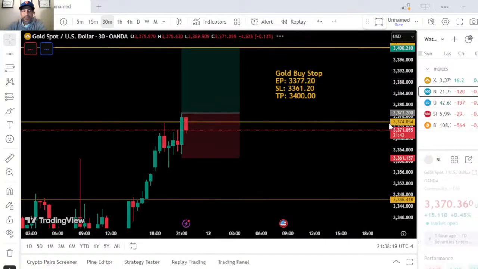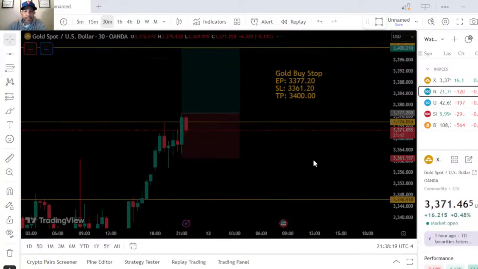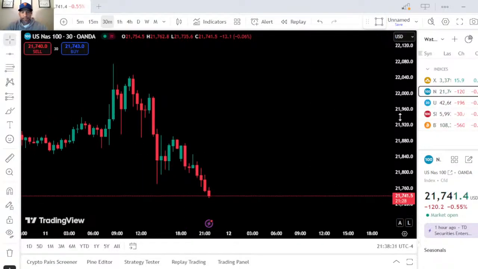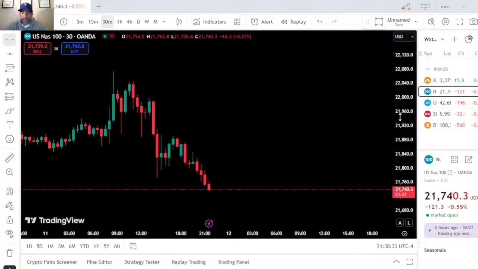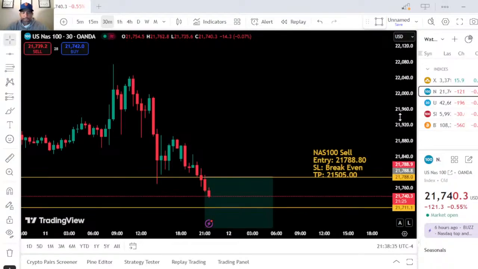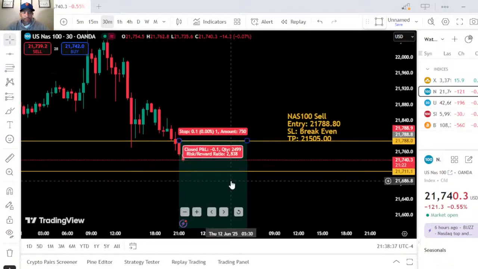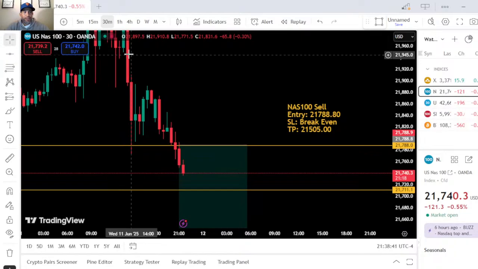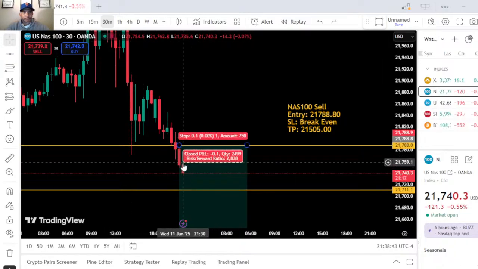All right, let's take a look at the NASDAQ here. Oh my goodness. All right, beautiful. Gang, look at this. I want to show you this. Look at how we came down, took out the lows here, and now made a top of the next candle.